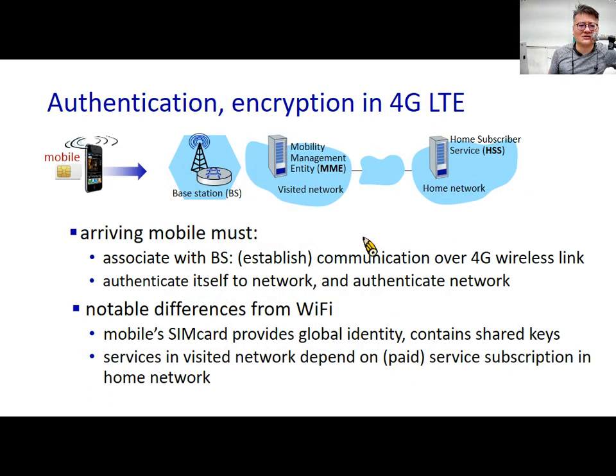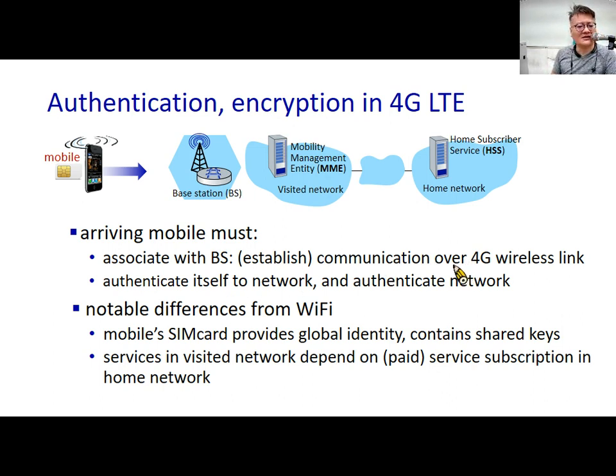Now authentication and encryption in 4G LTE. We have the home subscriber service, HSS, in the home network, and the mobility management entity in the visited network, connected to the base station. The mobile accesses the network through the base station. When the mobile arrives, it associates with the base station and establishes communication over the 4G wireless link.